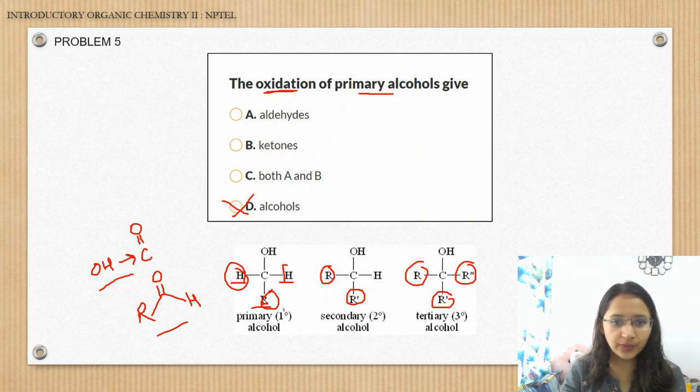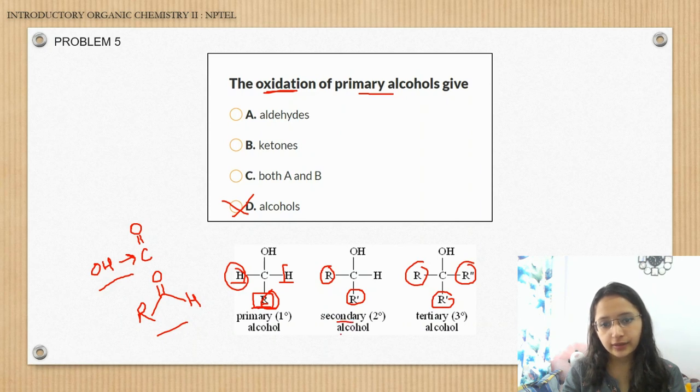So primary alcohol, because it has only a single substitution of alkyl group, will give you an aldehyde. If we talk about the secondary alcohol, right? So what happens here? After oxidation, this OH will give you a carbonyl group and this H leaves. So both R's are alkyl groups.